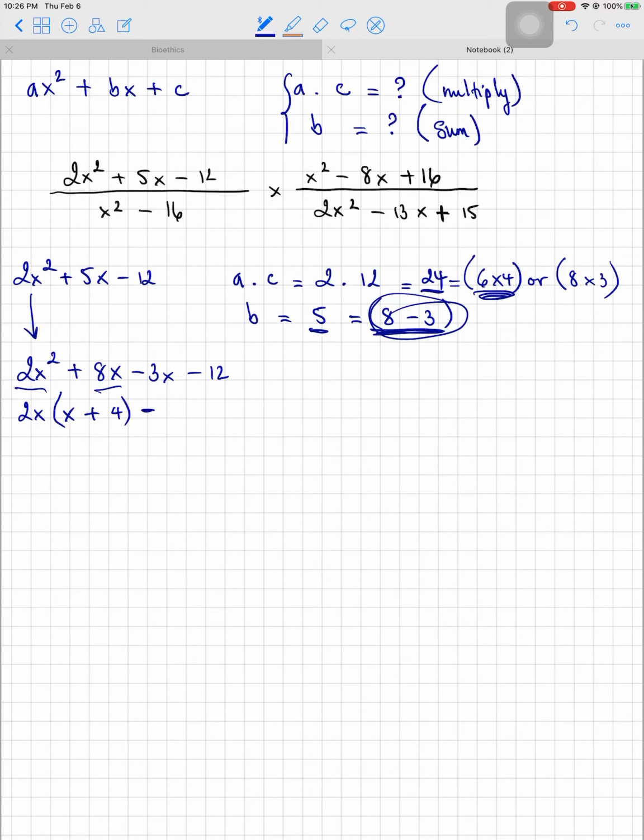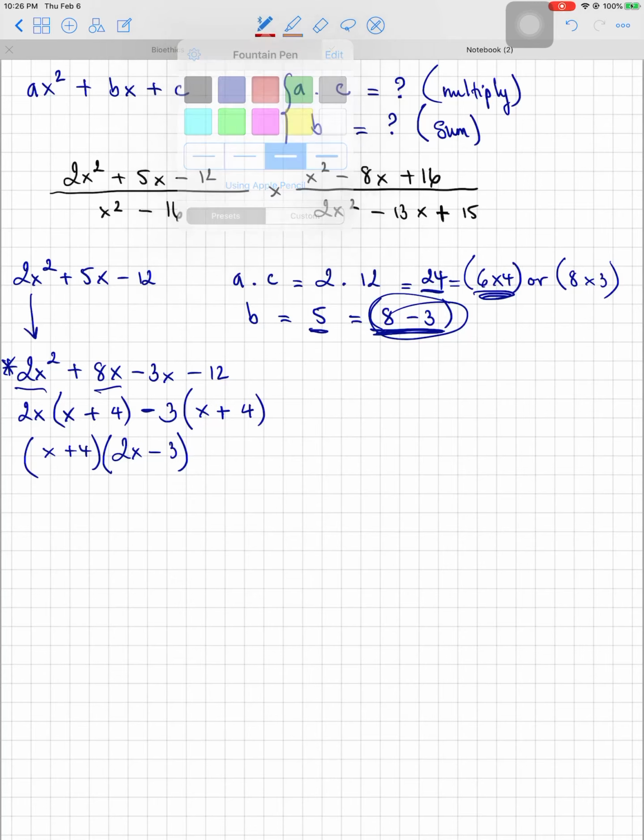And then we can factor out the 3: negative 3 times x plus 4. So 8 and negative 3 multiply to negative 12. And then we're going to factor this out one more time: x plus 4, 2x minus 3. So we're done with the first one.